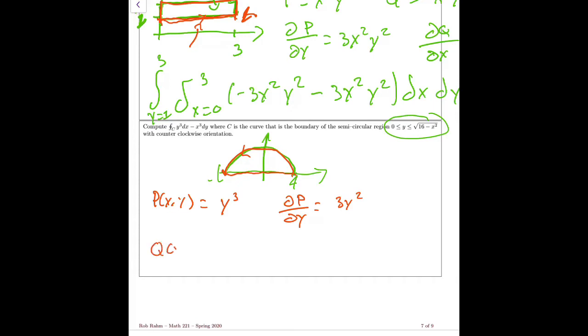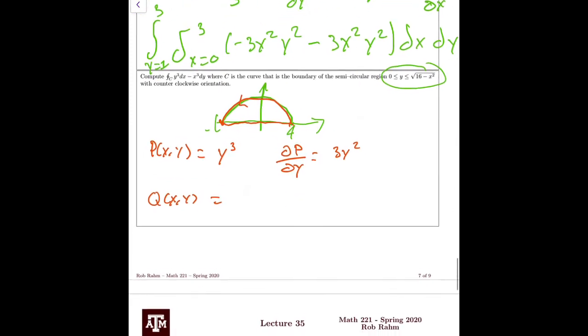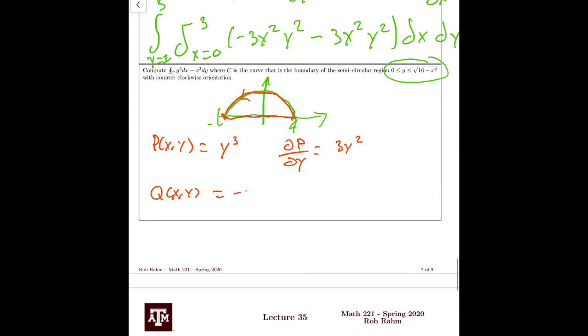Q of x,y, that's the function that multiplies dy. Q of x,y is minus x cubed. And so the partial derivative of Q with respect to x is equal to minus 3x squared.